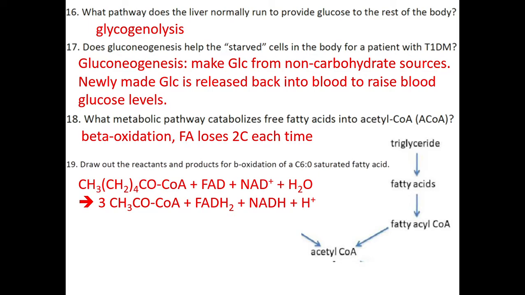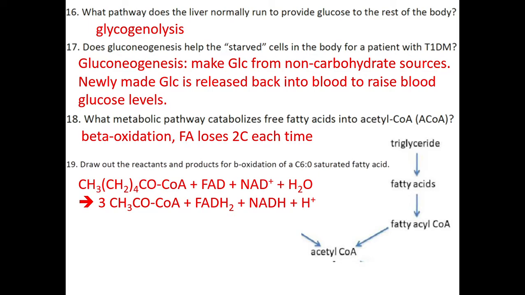And then we are going to generate how many acetyl-CoA? 3 acetyl-CoA, because each acetyl-CoA contains 2 carbon. Totally we have 6 carbon, and again, this fatty acid has 6 carbon. FAD will become FADH2, NAD+ will become NADH. So what is the function of FADH2 and NADH again? Their function is to carry electrons and H+.